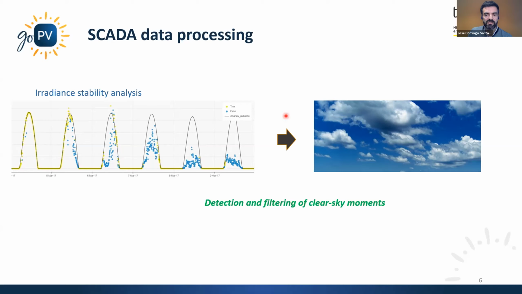I'm going to present you a couple of examples. One of the algorithms is devoted to the detection of clear sky moments, which uses external data from a satellite database. The labeling of these clear sky moments can be used to reduce the results uncertainty.